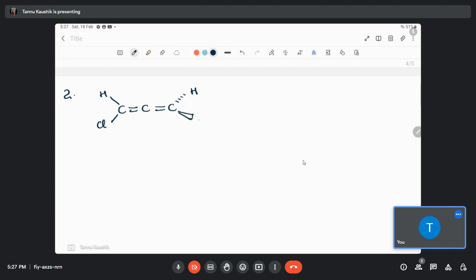And these two atoms are present above the plane and below the plane of the board. This is above the plane and below the plane.